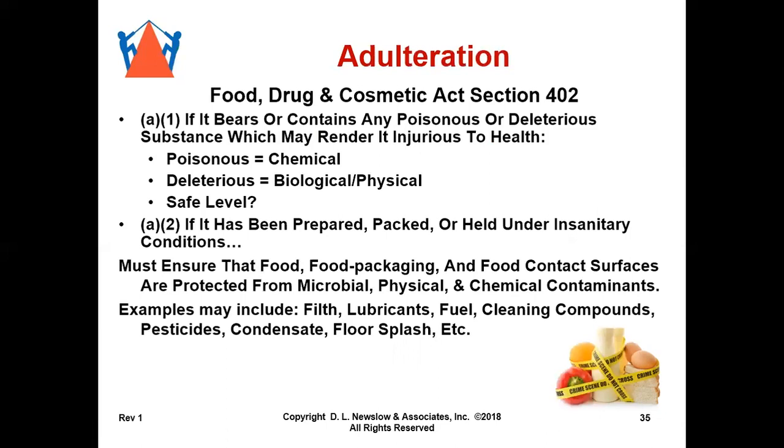So these are examples of how we must ensure that food packaging and food contact surfaces are protected from microbial, physical, or chemical contaminations, such as filth, lubricants, fuel, cleaning compounds. We must use lubricants that are approved for food manufacturing, or cleaning compounds that are approved for food manufacturing.